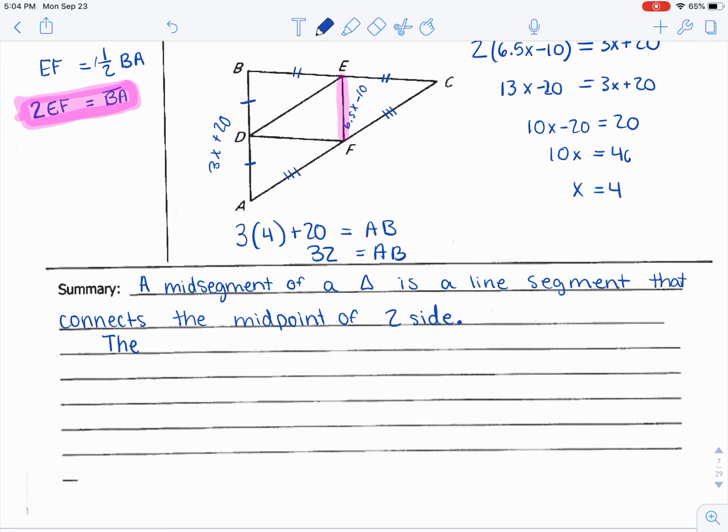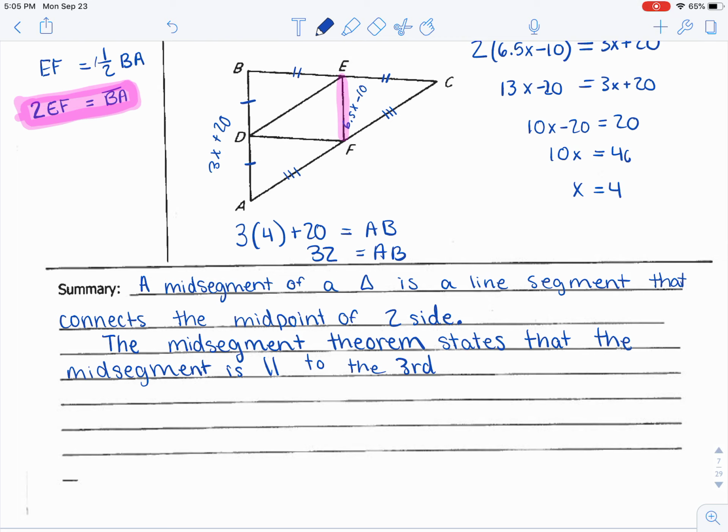Well, the midsegment theorem states that the midsegment is parallel to the third side and half as long.